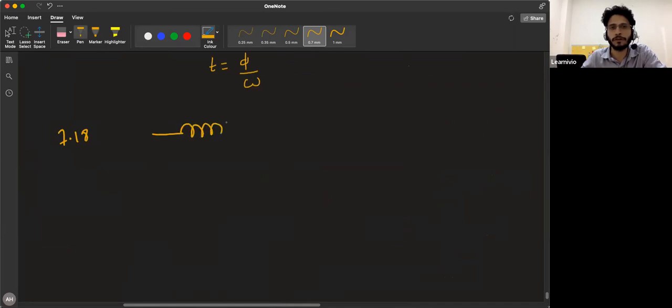You have one inductor, and it is connected to a capacitor. And this is the power supply.